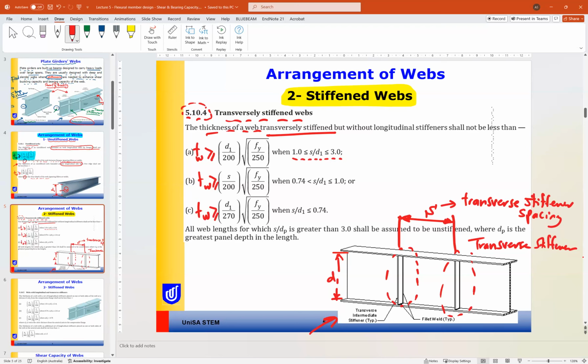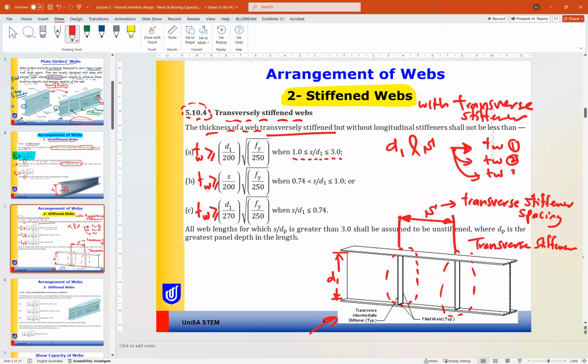So these are three cases of stiffened web with transverse stiffeners. Based on the dimensions D1 and S, you can decide the value of TW between the three. Okay? So this is for web with transverse stiffeners.